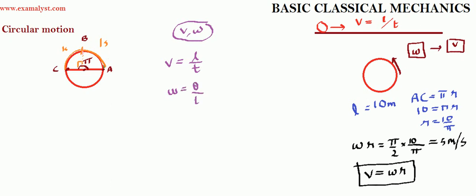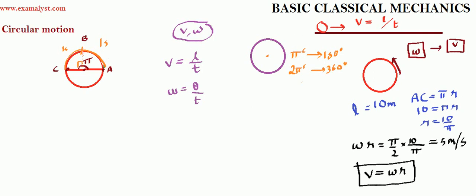You know this very well. Agreed? Now there is an interesting thing about a circle. Pi radian corresponds to 180 degree. 2 pi radian corresponds to 360 degree.